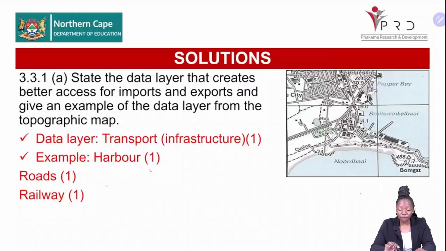So, in fact, to state the data layer that creates a better access for the import and export, remember, they're supposed to exchange or transport goods in order for this import and export to be successful. So that data layer will be the transport in terms of the infrastructure. Now, when giving an example, we're supposed to realize that there is a harbor, there is a road, and there is a railway, which are the examples of the transport infrastructure.